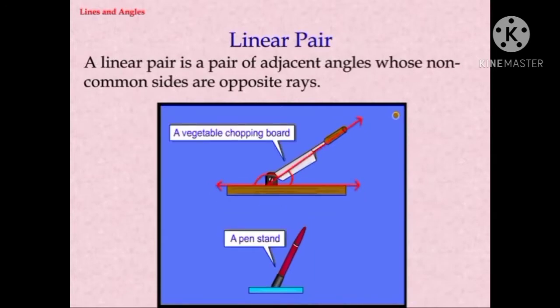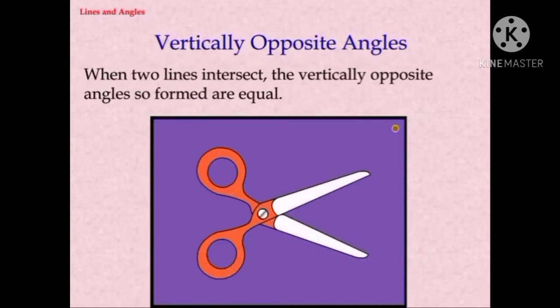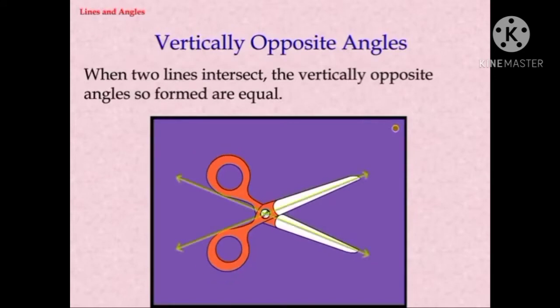A linear pair is a pair of adjacent angles whose non-common sides are opposite rays. Vertically opposite angle. When two lines intersect, the vertically opposite angles so formed are equal.